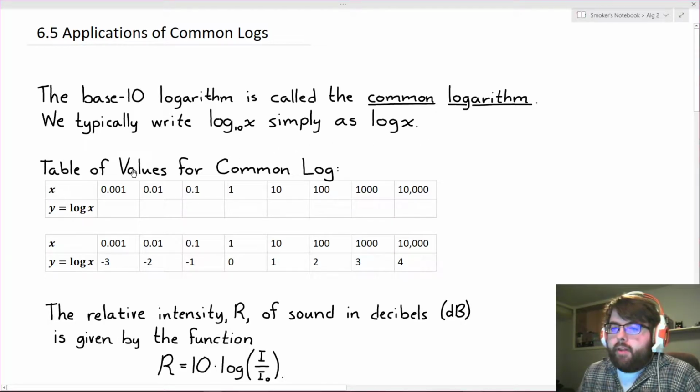For base 10, there are two tables here, but that's because normally I would just show this and we'd fill it out, but here's the filled out version.